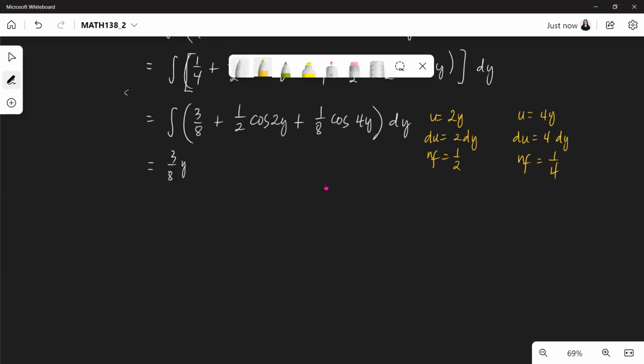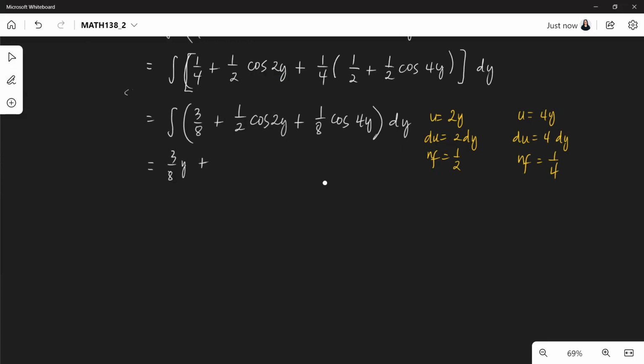Plus, again, copy the 1/2 and then multiply it with the neutralizing factor. This can now be written in the form cosine of u, and the integral of cosine of u du is sine of u. So it would be sine of 2y.